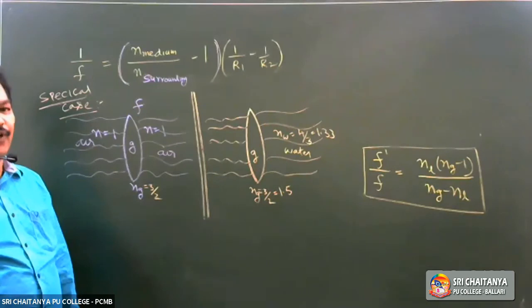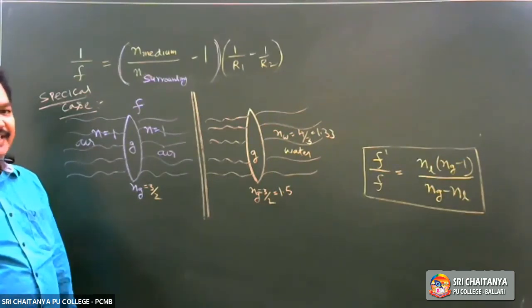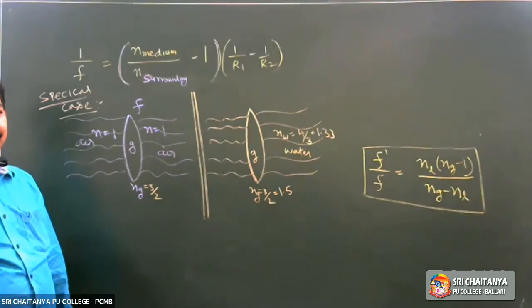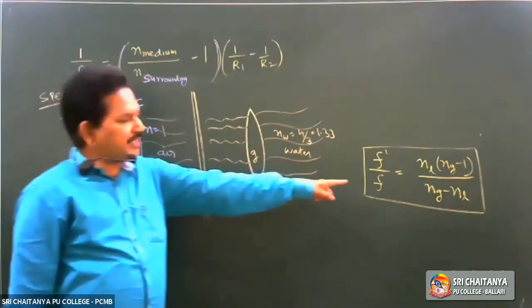What happens to focal length? If it increases, how many times? If it decreases, how many times? Substitute the values in this formula.